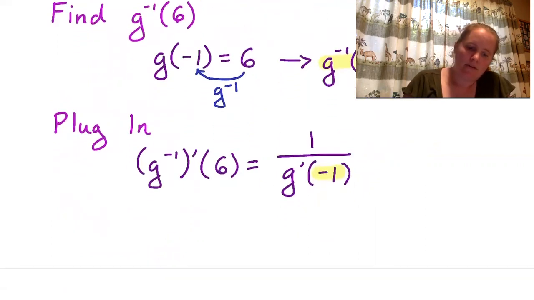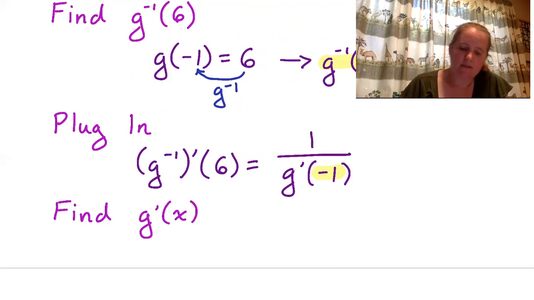At this point, we need to find g prime of negative 1. So we know g of x was equal to x cubed plus 7.